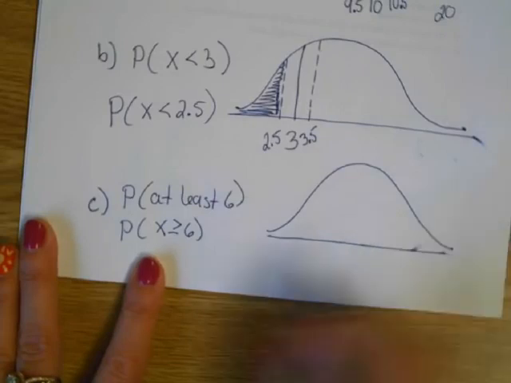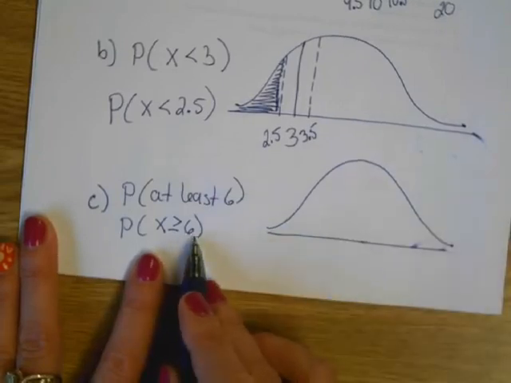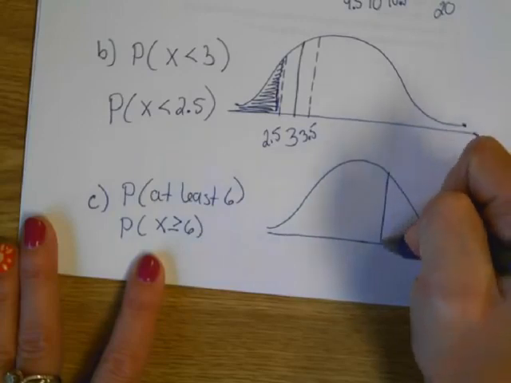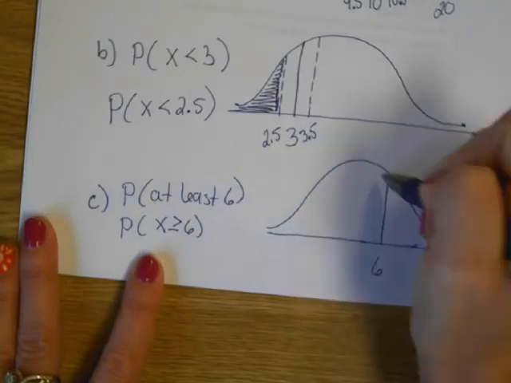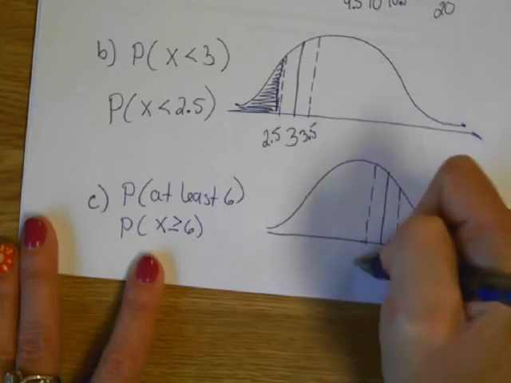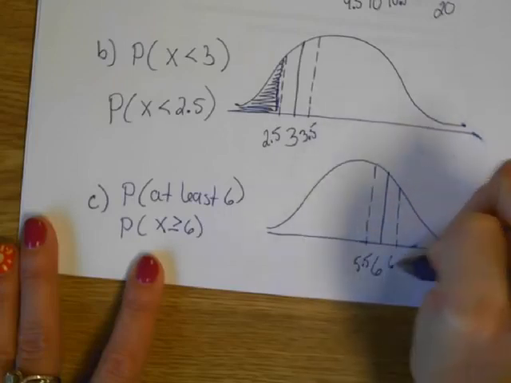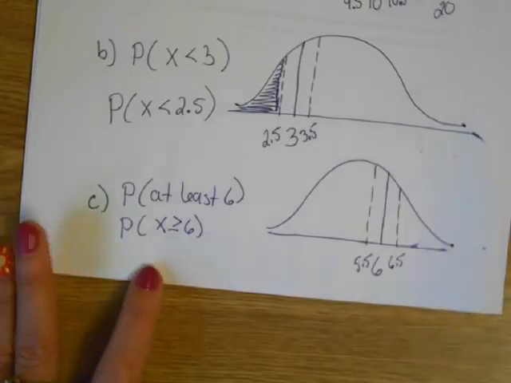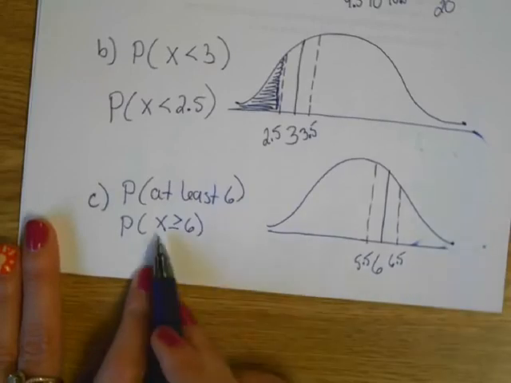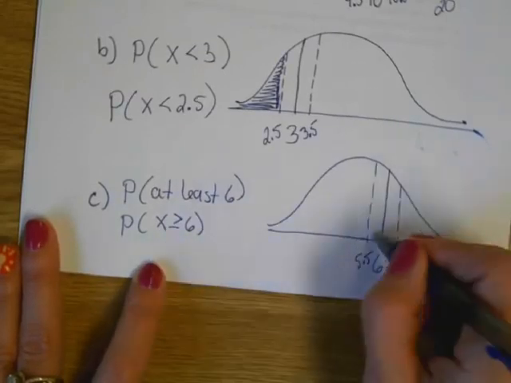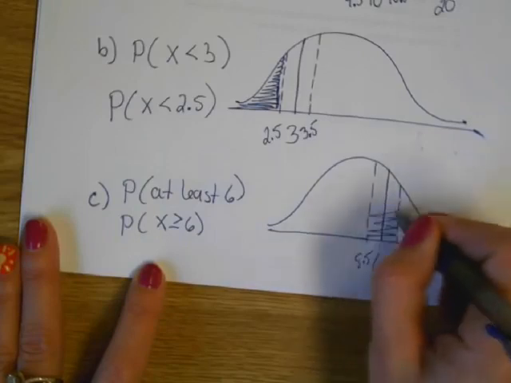So before we even start, I know that the 6 is either going to be a 5.5 or a 6.5. It's got to change by a half. So give yourself a 6, the 5.5, and the 6.5. The first thing you decide is, is the x included? Do I want to shade inside the bar? Yes, so I do shade inside the bar.